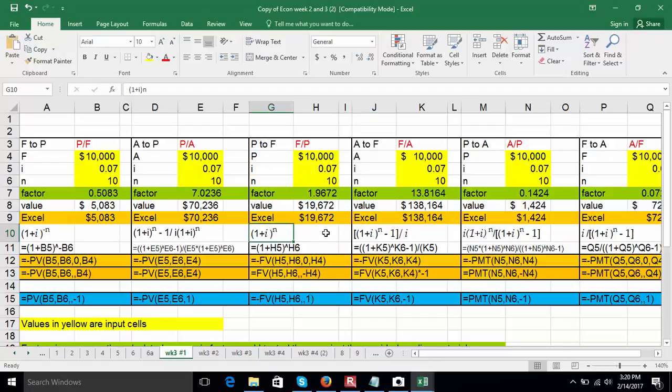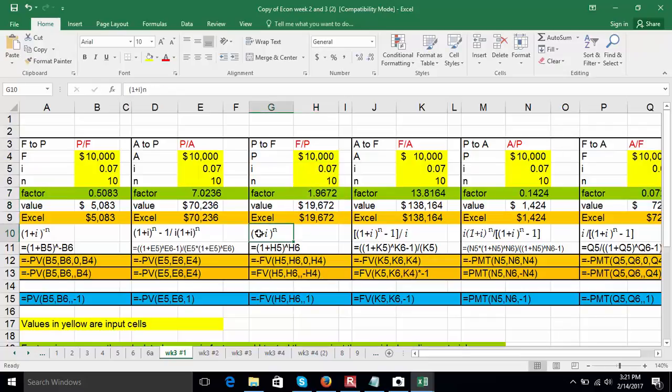The very simplest equation is going from P to F. If I take 10,000 bucks and invest it right now at 7% interest for 10 years, my factor is simply 1 plus the interest rate, so 1 plus 0.07, to the 10th power.